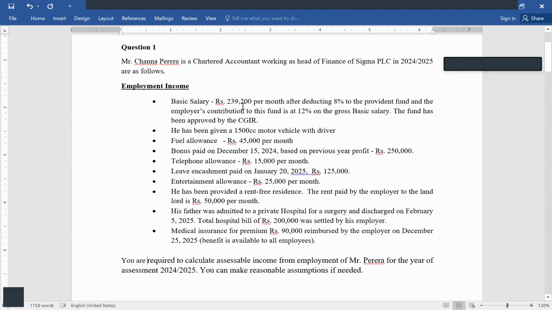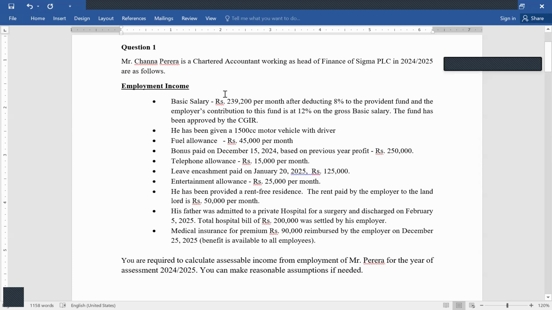Because we are going to calculate employment income, it should be the gross amount. This is the basic salary, but after deducting 8%. Therefore, you should know the amount before deducting that 8%. How do you calculate it? You should divide this 239,200 amount by 92.